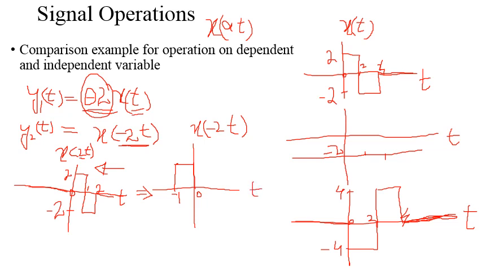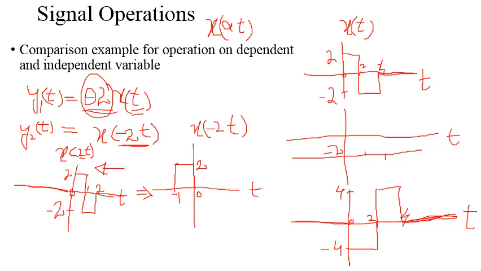From 0 up to 1 the value of the signal is 2, but if I reflect it, if I put a mirror here, I will get an image of this on this side. So in the image, from 0 up to minus 1 it will be 2, and again from 1 up to 2 it will be formed here.